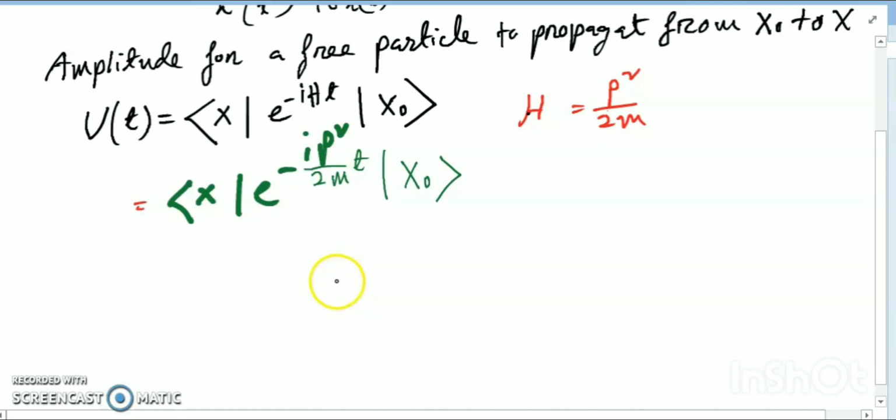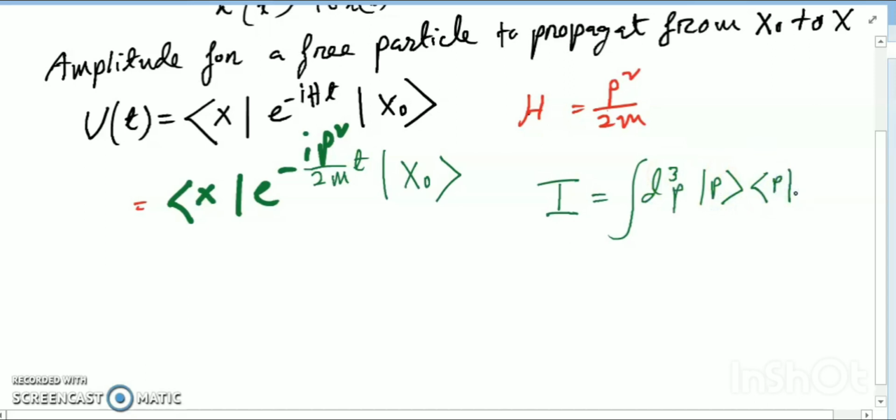Now, let's use the completeness relation. Please check, I have already discussed this topic: the identity is the integral of d cubed p, |p><p|. This way it can be written.